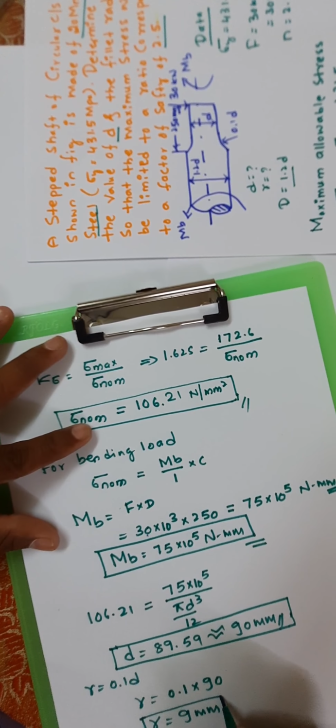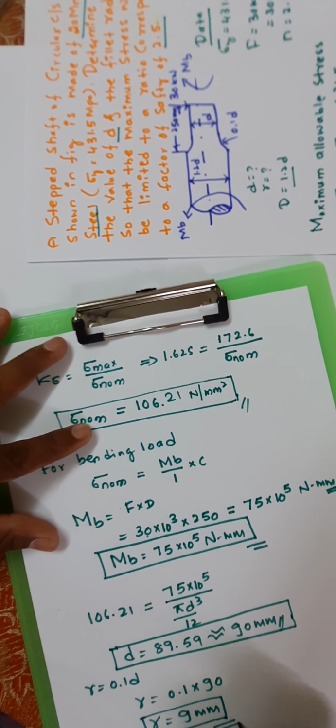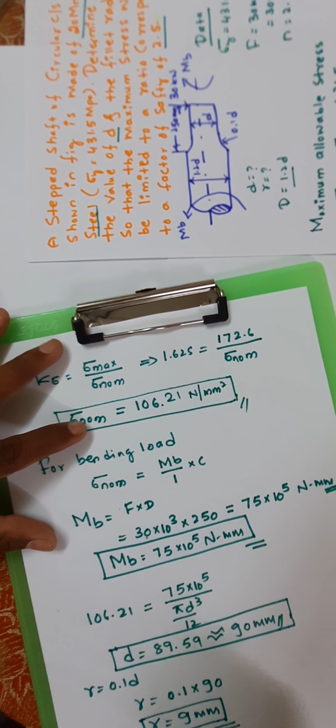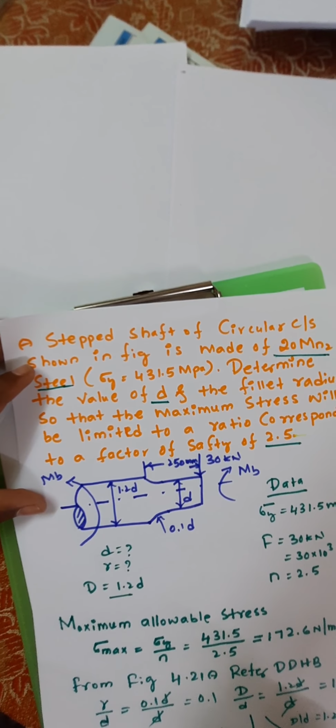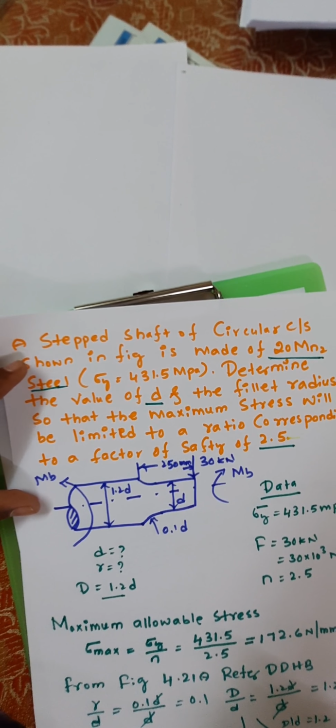This is how we can find out the diameter as well as the fillet radius with respect to the given problem. Okay, thank you.